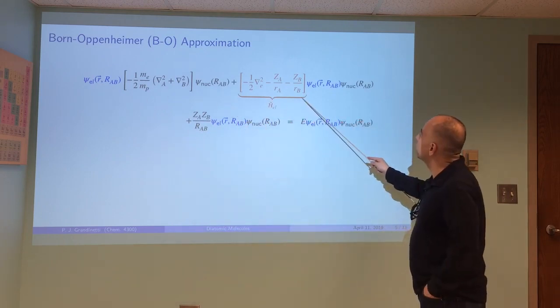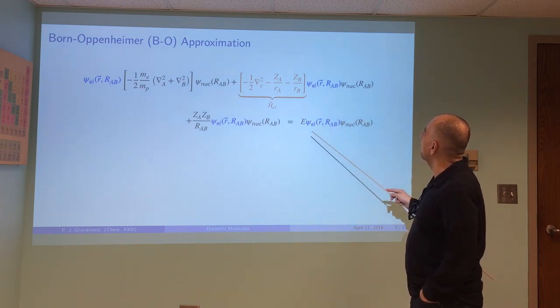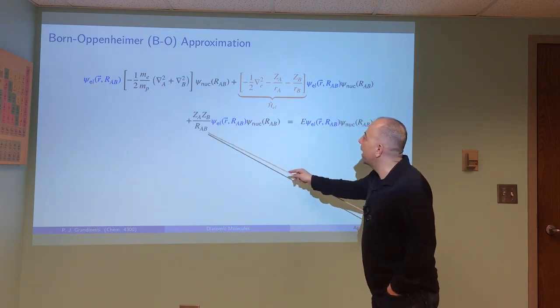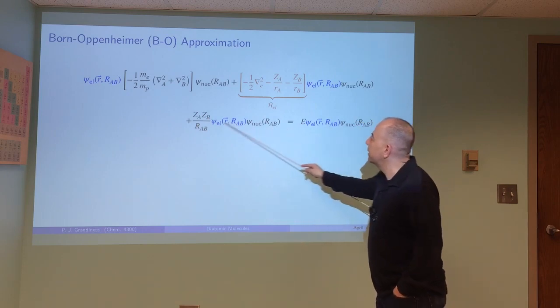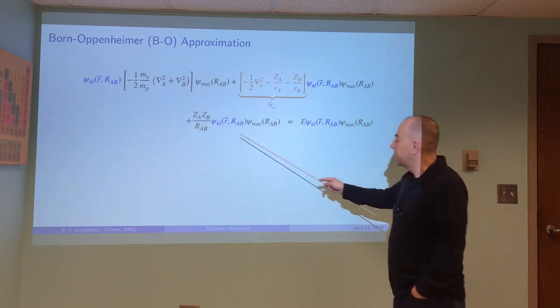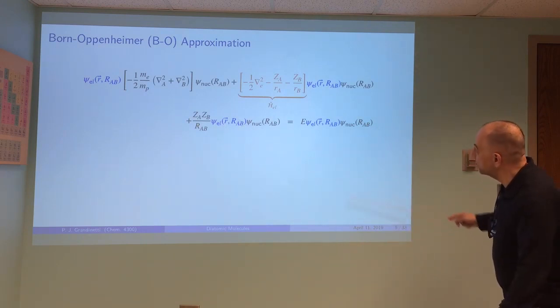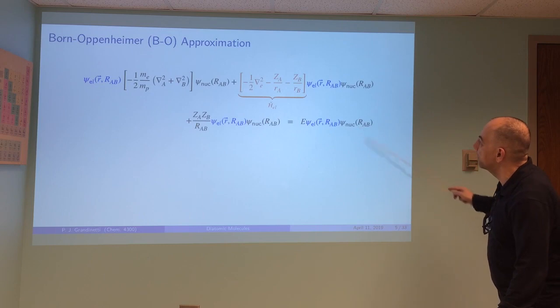Then we have the part that applies to the electronic wave function, which is right here. Then this is the Coulomb term between the two nuclei, and then we have the total energy on this side, and there's our wave function.